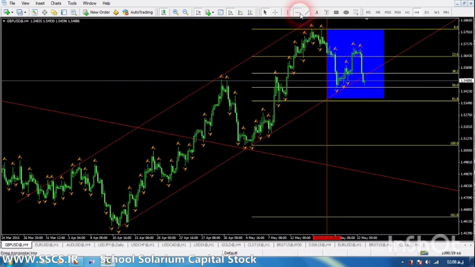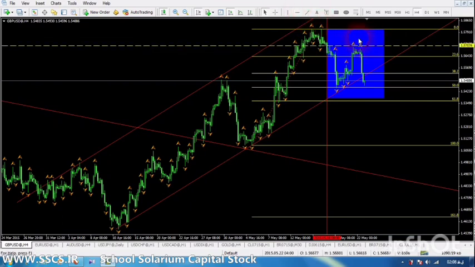You see the price here has gone further than the 23 level, and then in the middle between the 23 and 38 level it has retraced again. It wasn't able to break the 50 level.